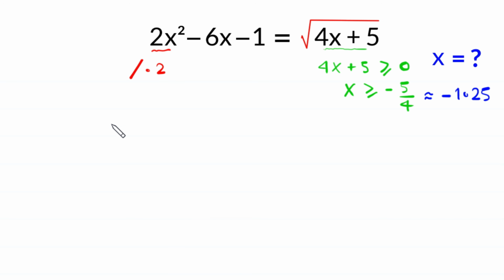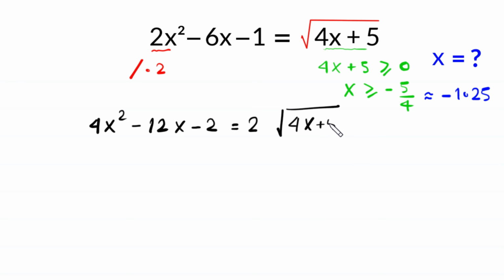So this will become 4 times x squared minus 12 times x minus 2 equal to 2 times root 4x plus 5. Now we can rewrite this 4 times x squared as 2x whole squared, and write this negative 12x as negative 2 times 2x times 2.